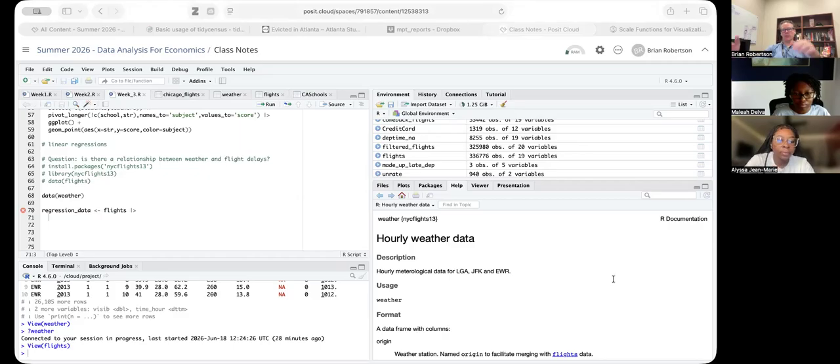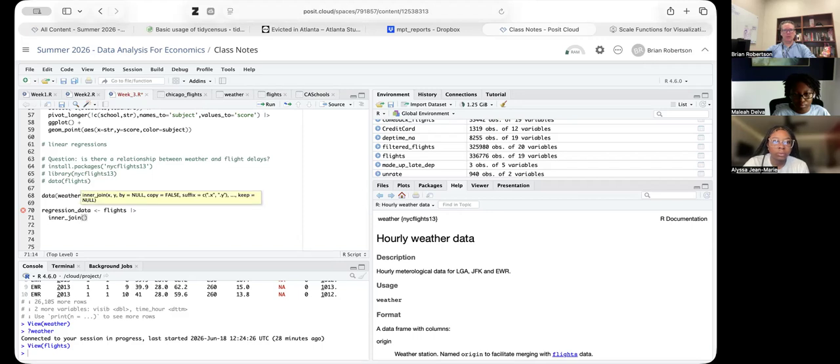What an inner join is going to do, remember your joins, is return only those values where I have both data for the weather and data for flights. So let's bring weather in, inner join, and I've already got X because that's flights. Now I want to bring in weather.